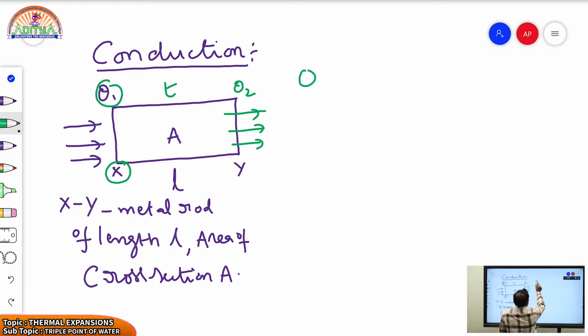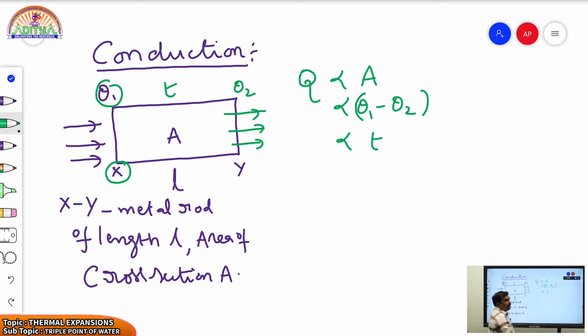So they said the amount of heat transfer is directly proportional to the area of cross section, directly proportional to the temperature difference, and directly proportional to the time of flow of heat.